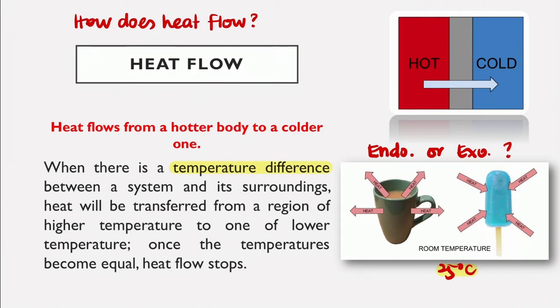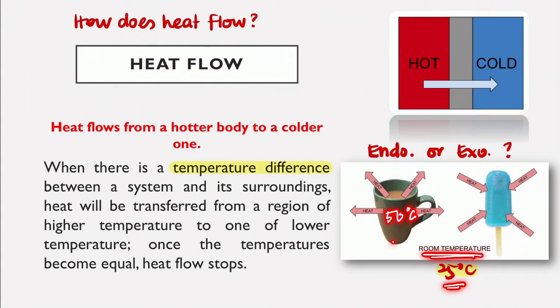So here, is it an endothermic reaction or an exothermic reaction? For the first one, we have a hot cup of tea at 50 degrees Celsius. This will be your system, and the surrounding will be room temperature at 25 degrees Celsius.